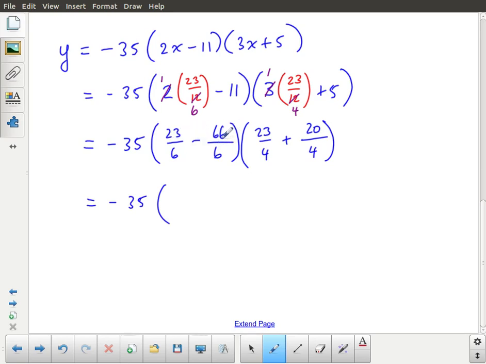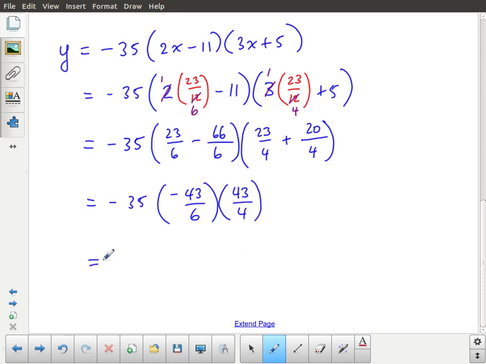So if you're doing stuff like this in your head, you might want to think of it the other way for now. So 66 minus 23, which is equal to 43, but it was going the other direction, so it's negative. So we have negative 43 over 6 in this bracket. And here we have 23 plus 20 is 43 over 4 for this bracket.